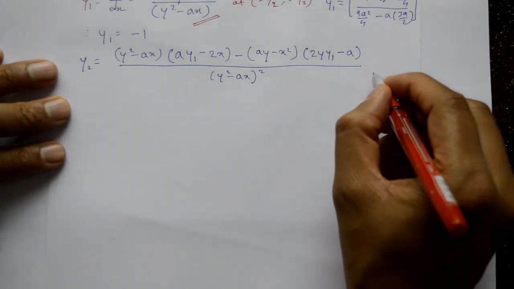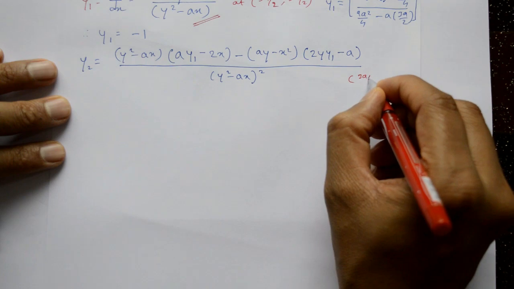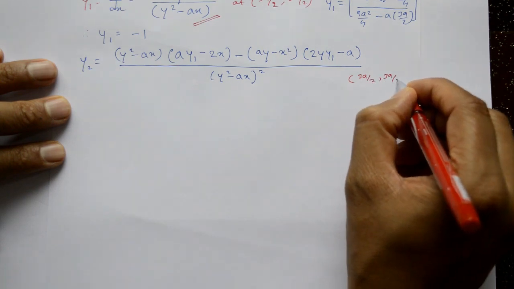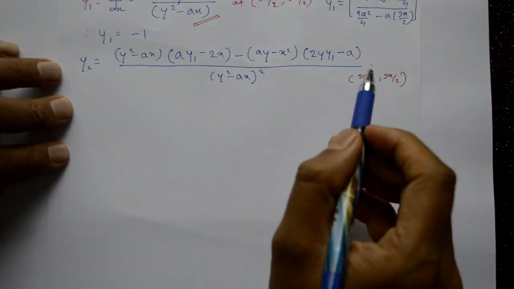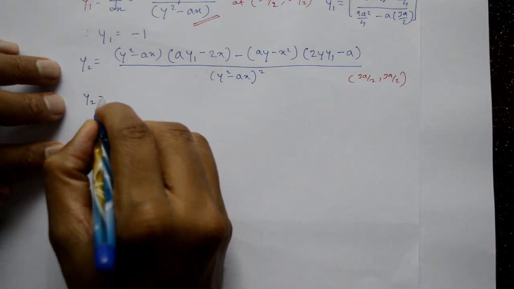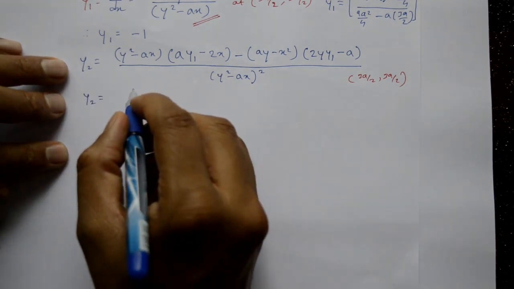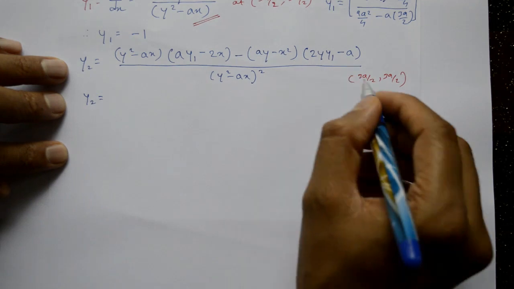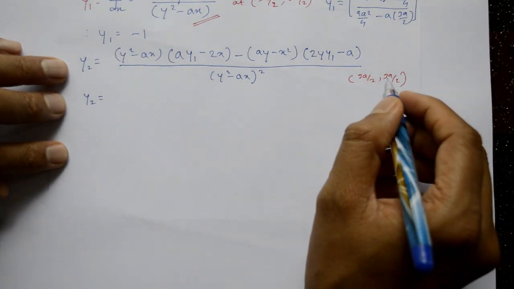Now again put x and y points. X is equal to 3a by 2 and y is equal to 3a by 2. We get y2 is equal to, put x and y, 3a by 2 and 3a by 2.